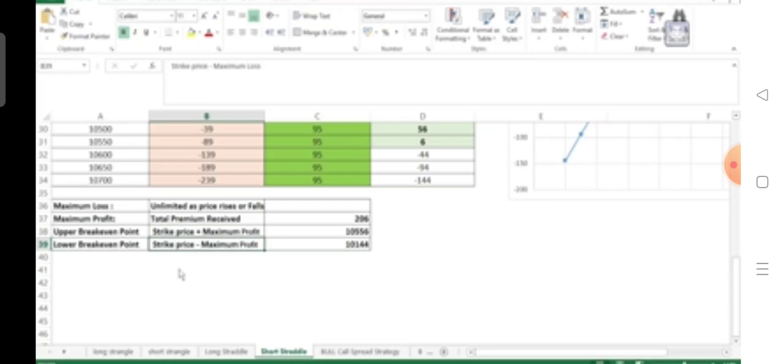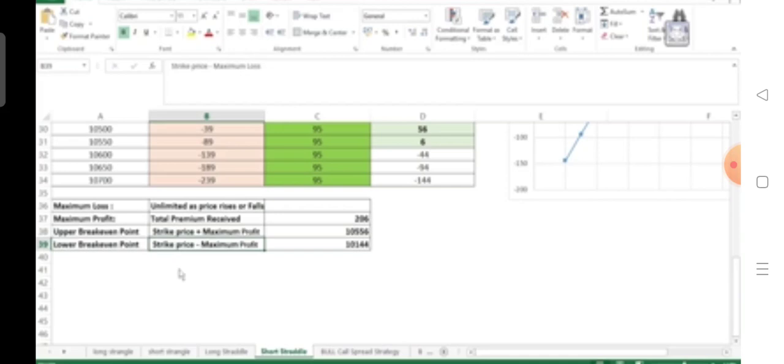So if the market moves above 10,556 or below 10,144, we start incurring a loss. And if the market remains between 10,144 and 10,556, we have a positive payoff from this strategy.